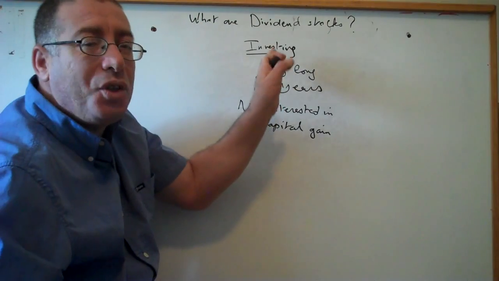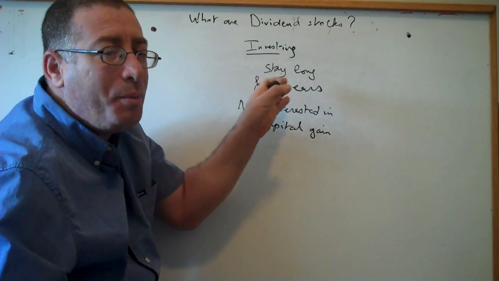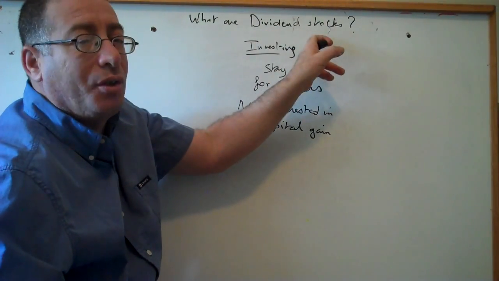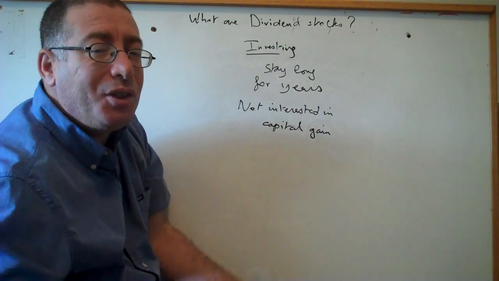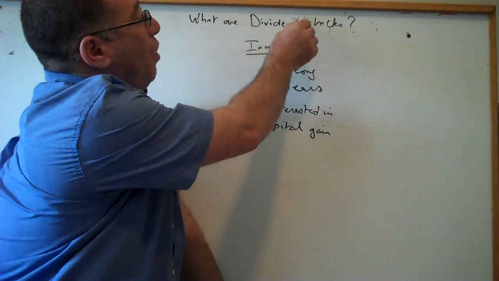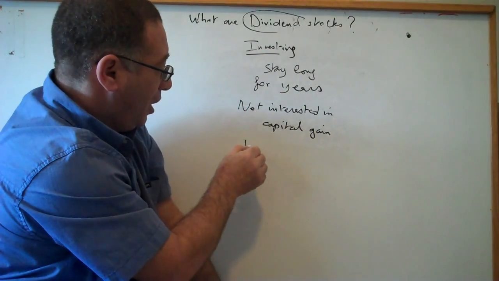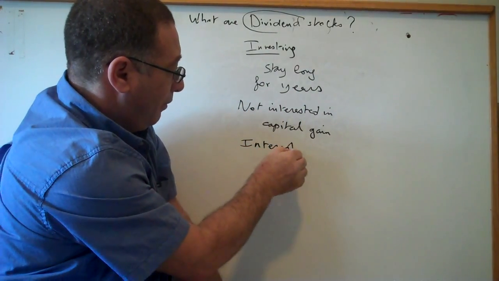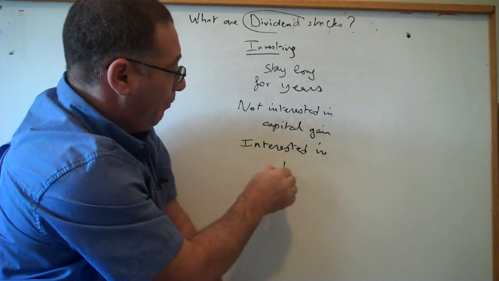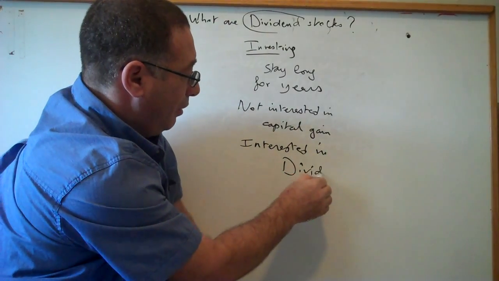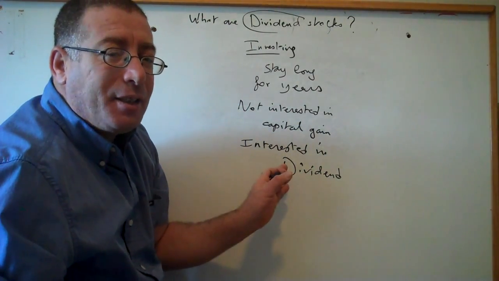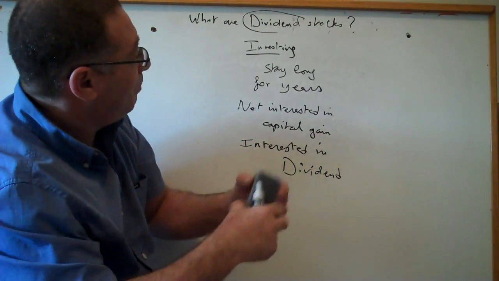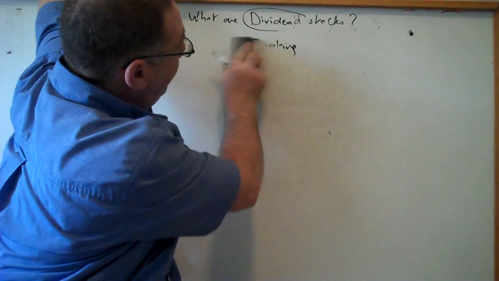Now, why do people buy what we call dividend stocks? They buy dividend stocks because they are interested in what we call the dividend. Dividend, what is it? Let us make it clear here.